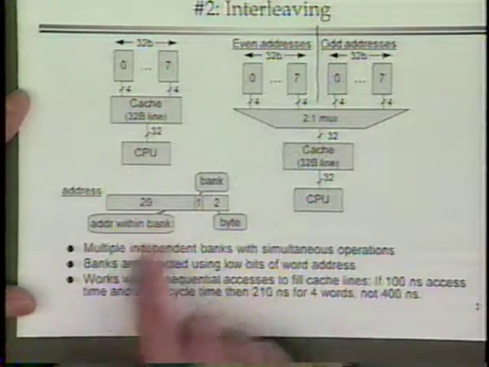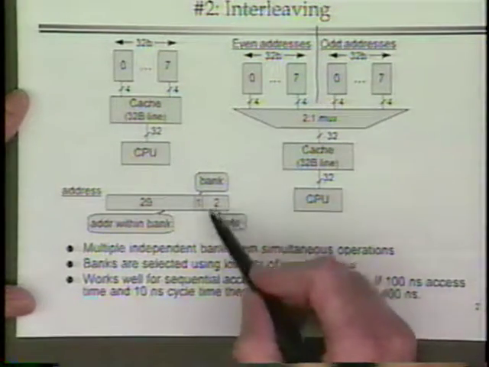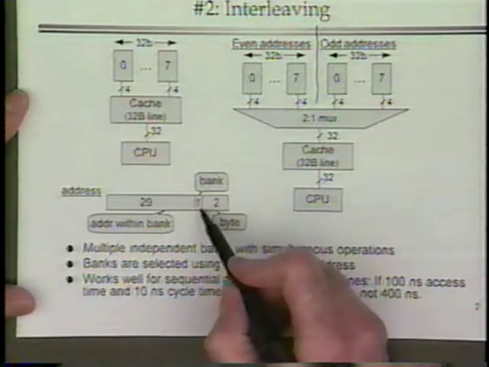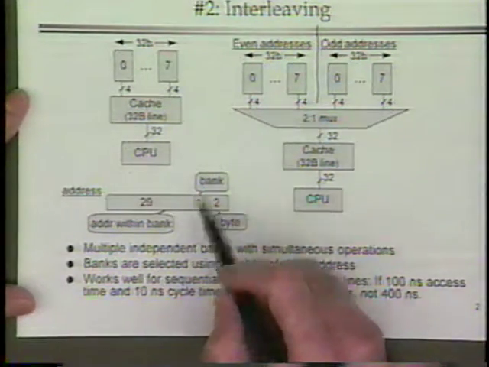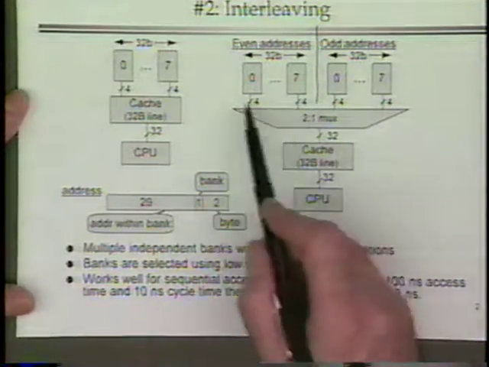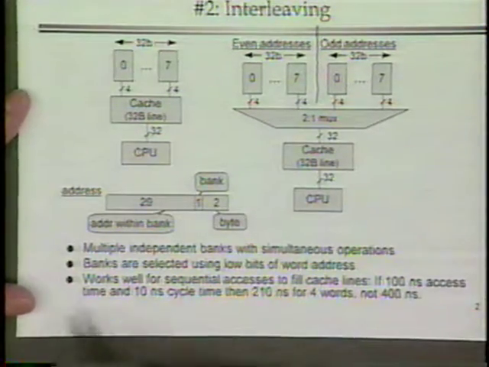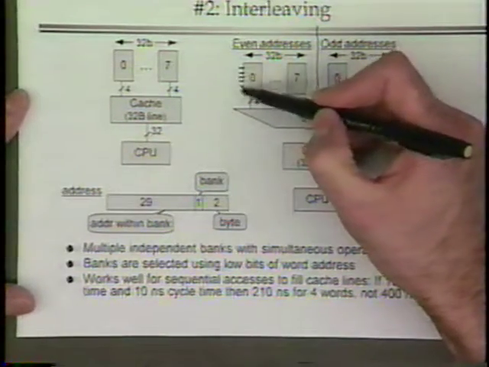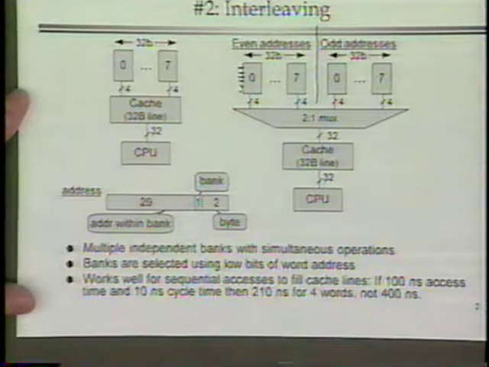So if you look at the address, 2 bits go to specify the byte within the word in each of these banks. The next bit up goes to choose which of these banks that word resides in, and that's the sense in which these are even or odd addresses. And then the other bits left over go to choose a particular word within those banks.